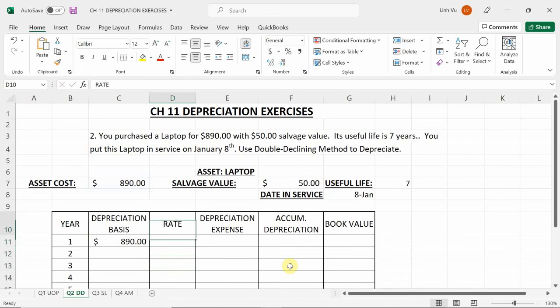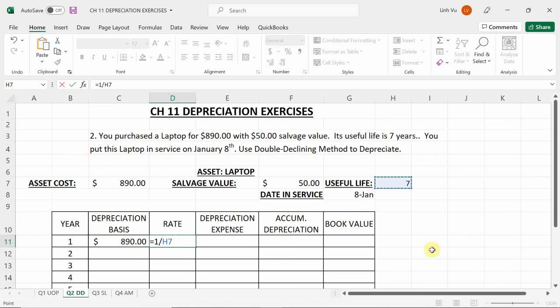So what's my rate going to be? It's going to be 1 divided by 7 times 2. I'm just going to type it in, which gives you 0.285714.